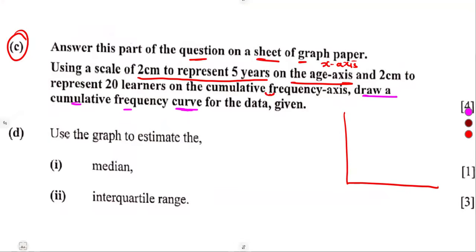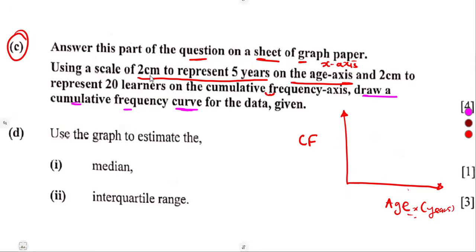As we are to represent this, the cumulative frequency is presented vertically. This part of our classes represents the age, which is the X-axis. We are going to take our X-axis representing our age. That is the condition we are given there.